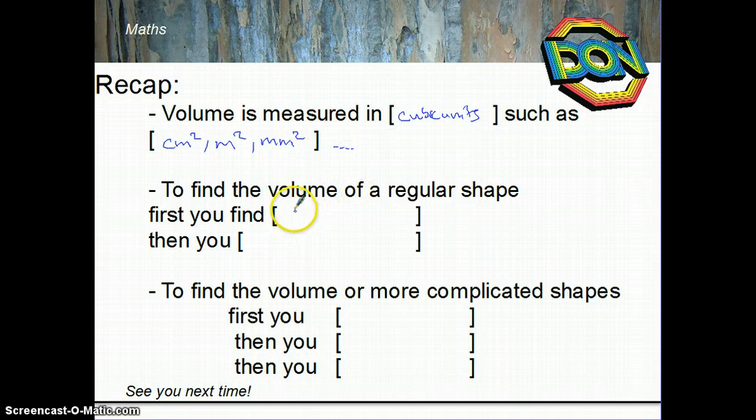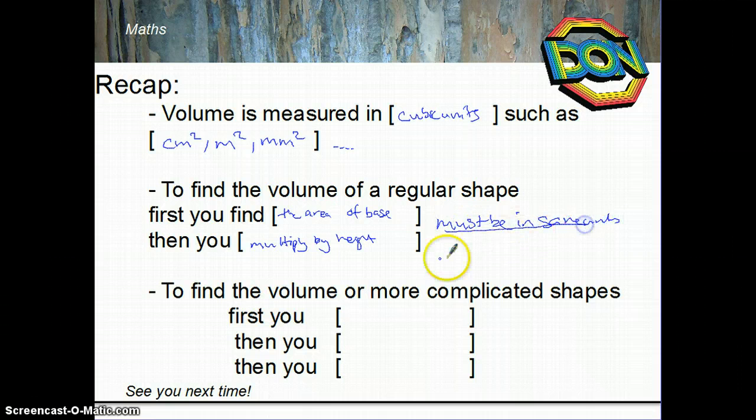To find the volume of a regular shape, first you find the area of the base, and then you multiply by the height. But these must be in the same units. So you must be dealing with metres or centimetres or kilometres, but it must be the same.